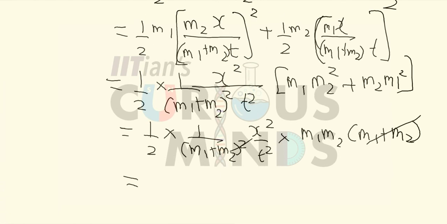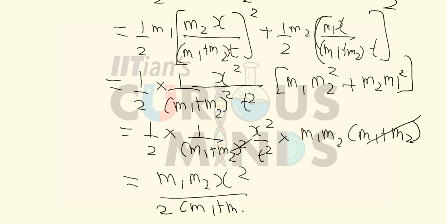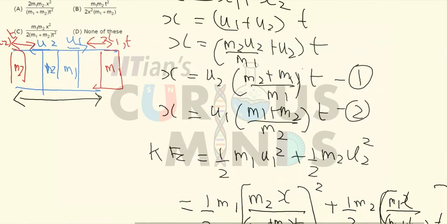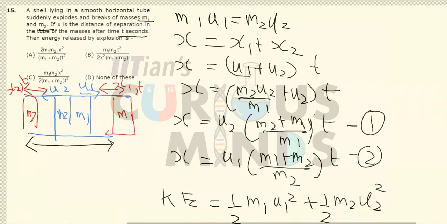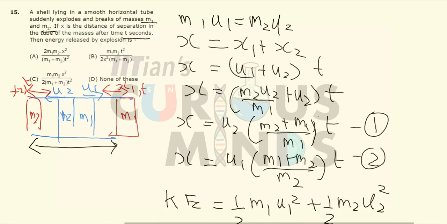So the final answer will be m1 m2 x square divided by 2 times m1 plus m2 into t square, which is equal to option number C.